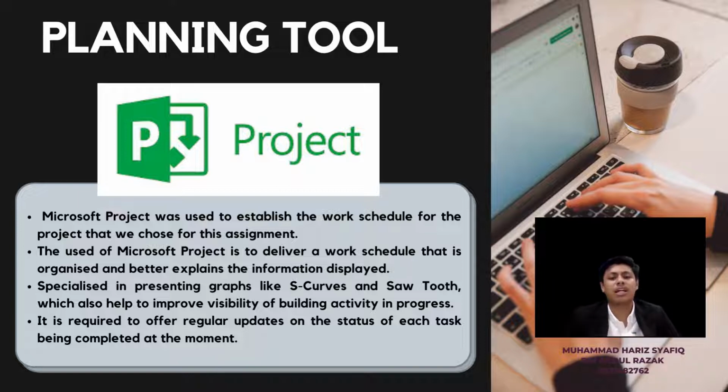Microsoft Project specialized in presenting graphs like S-curve and sawtooth, which also help to improve visibility of building activity progress. It is also required to offer regular updates on the status of each task being completed at the moment. So next, Nadia will continue the presentation about the S-curve of the project.